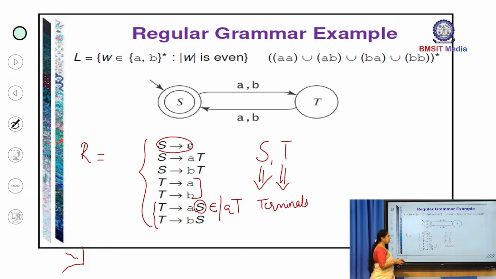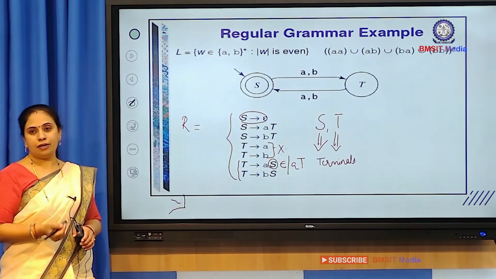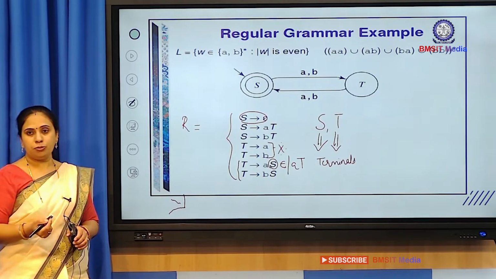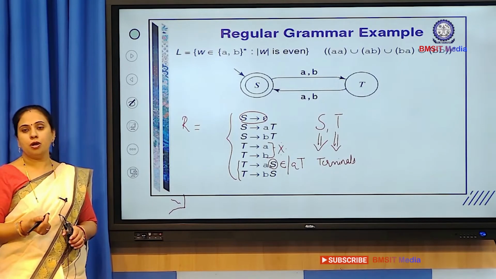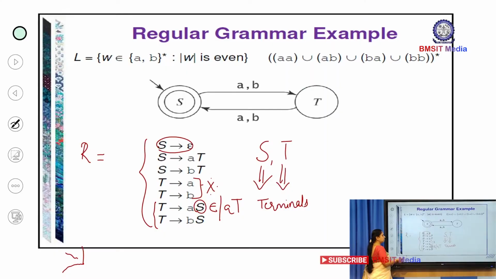That is the reason defining these two productions, T tends to A and T tends to B, is very important, because it helps us derive the legitimate strings which belong to the language.